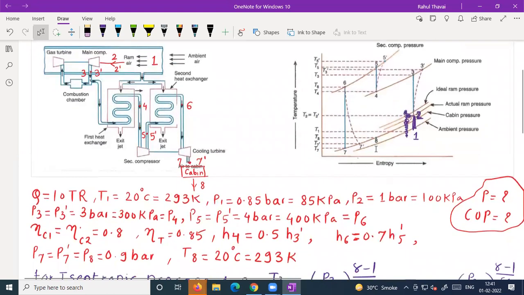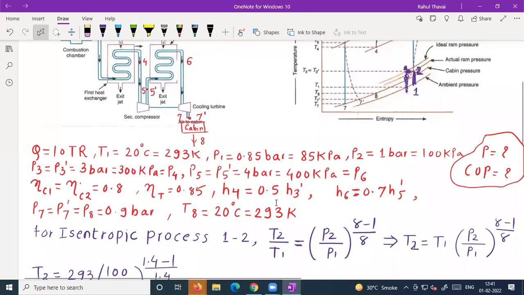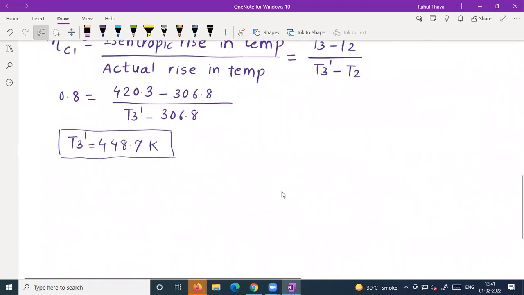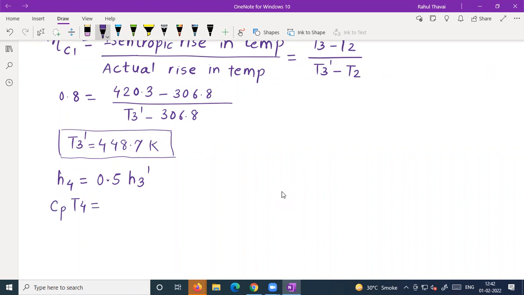So how to get the temperature at point number 4? For that I can use this expression. H4 is given as 0.5 times H3 dash. See, this is given in the form of enthalpy. So what is H4? It is Cp into T4.